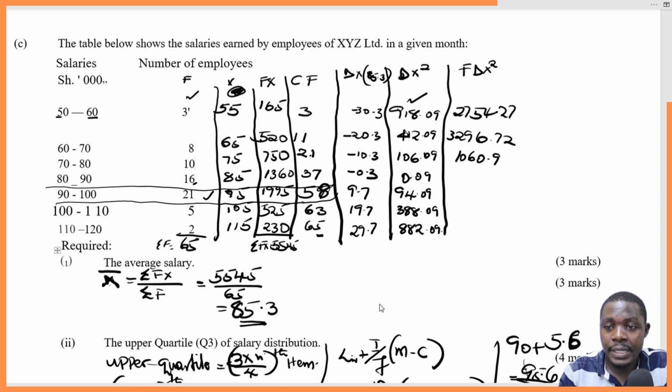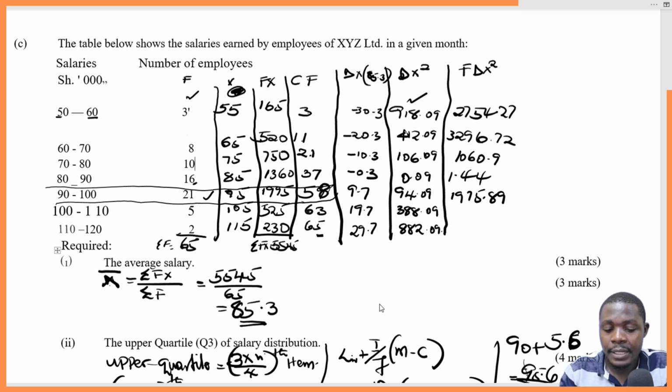Then 16 multiplied by 0.09 is 1.44. Then 21 multiplied by 94.09 gives 1975.89.